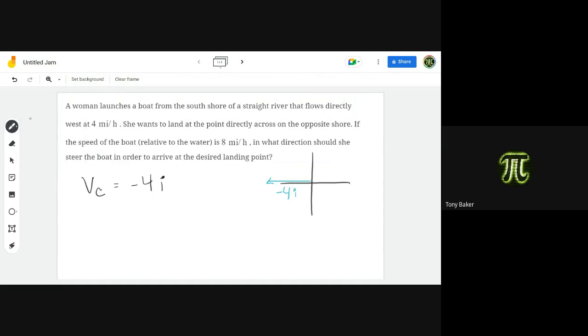All right. So my boat is going 8 miles an hour, right? In some direction this way.